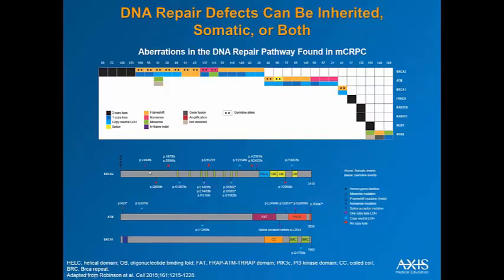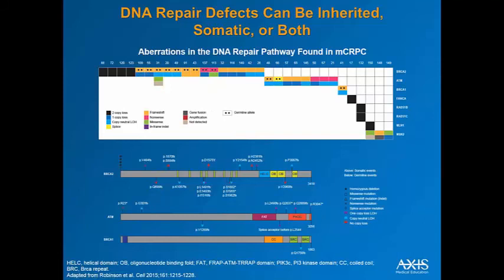One thing, and this is returning to the theme of DNA repair defects, it turns out that DNA repair defects can be present when you're born, and these are so-called germline alleles that you see in these black diamonds along here.